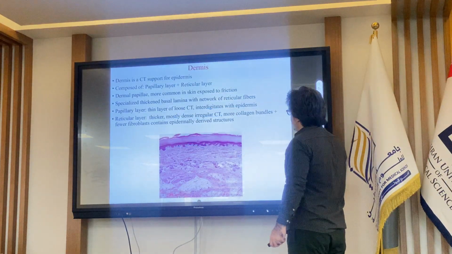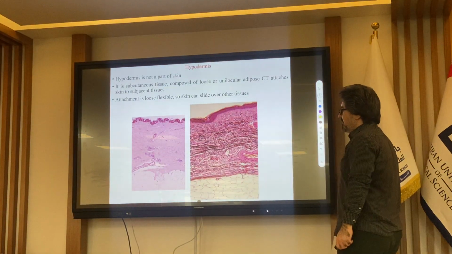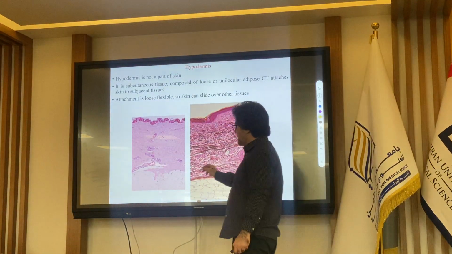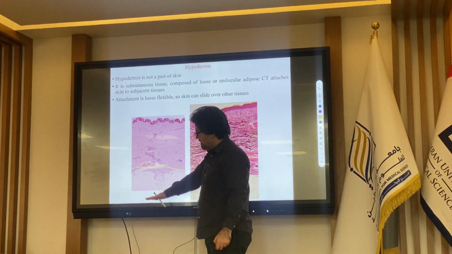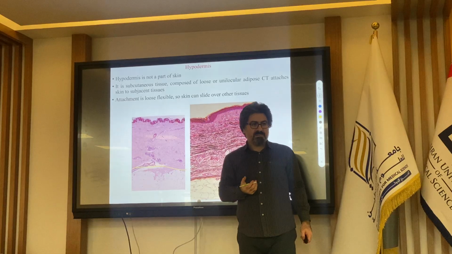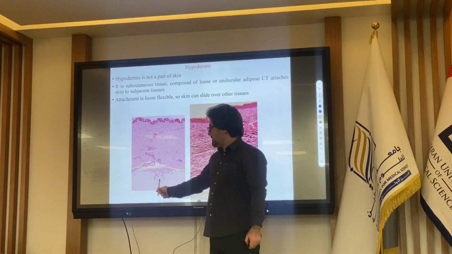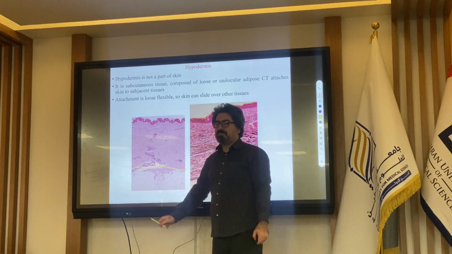And what about hypodermis? Hypodermis is the deepest part, this part. Hypodermis is not a part of the skin. It is mainly composed of adipose tissue, rich in adipocytes.